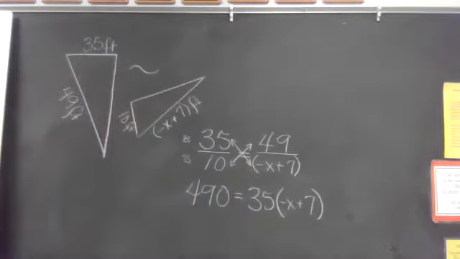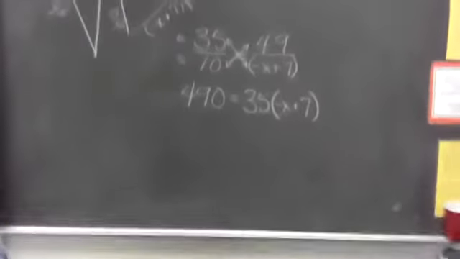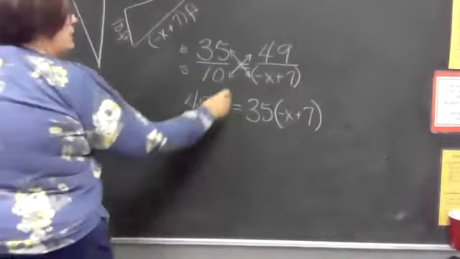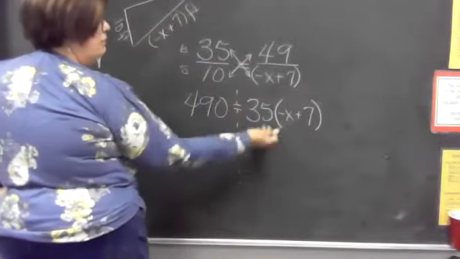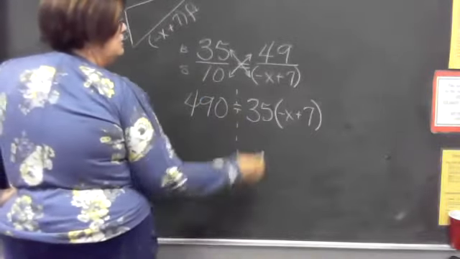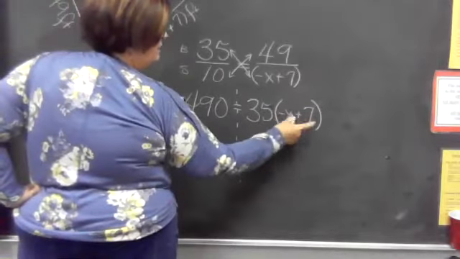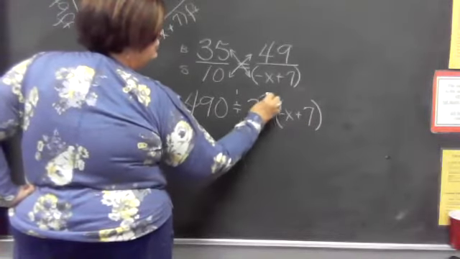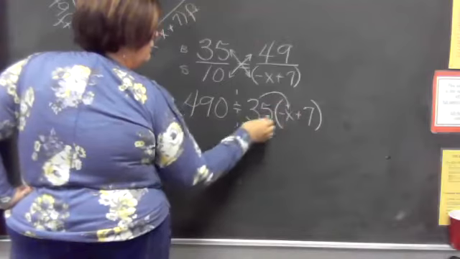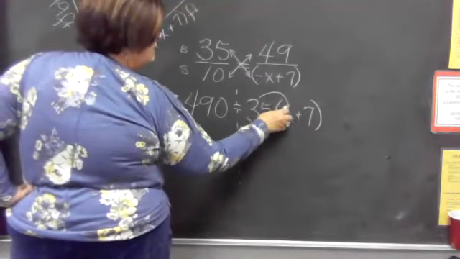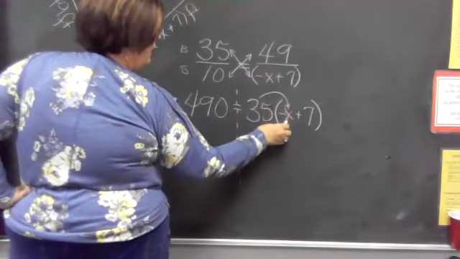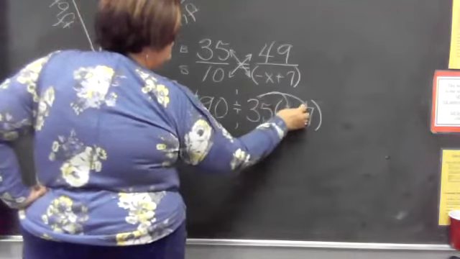When I solve this, I've got to take care of the parentheses first. Since I can't add anything in here, I don't know what X is, I'm going to use the distributive property where I multiply 35 times negative 1. Remember, there's a 1 hiding in here, and 35 times 7.